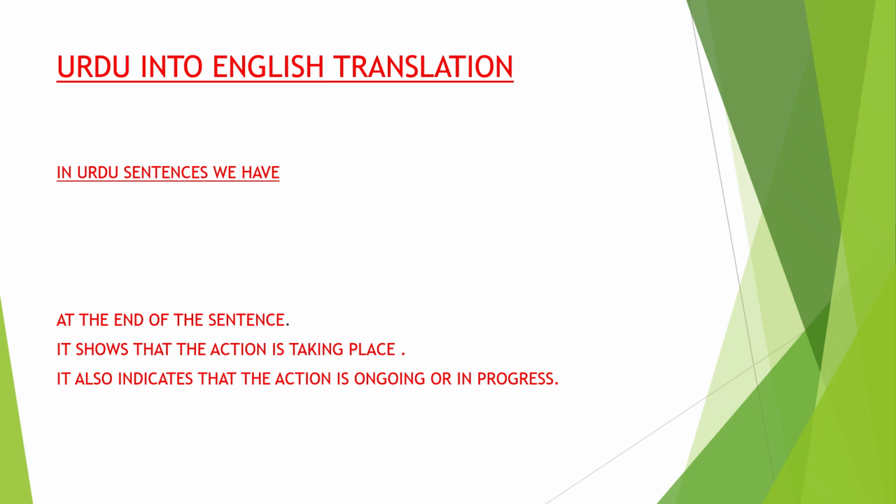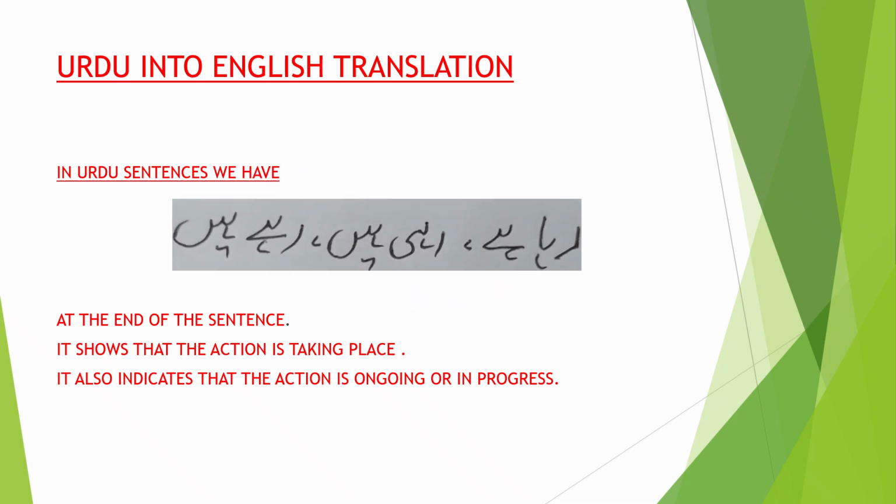In Urdu sentences, what we have to do is first of all recognize which tense a given sentence may belong to. So in Urdu, the sentences of present continuous tense always end on raha hai, rahi hai, rahe hain. You will always see them at the end of the Urdu sentence.